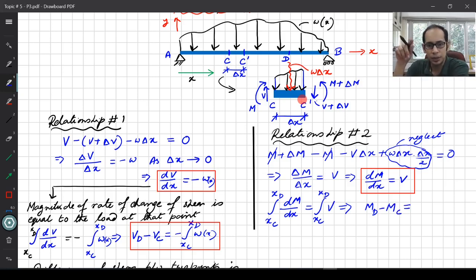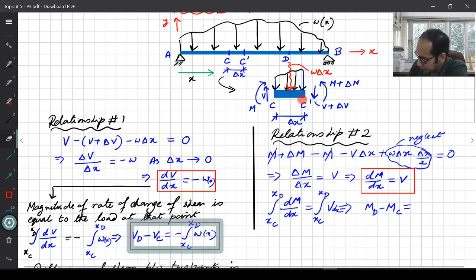What is the integral? And there will be a dx in this relation as well.